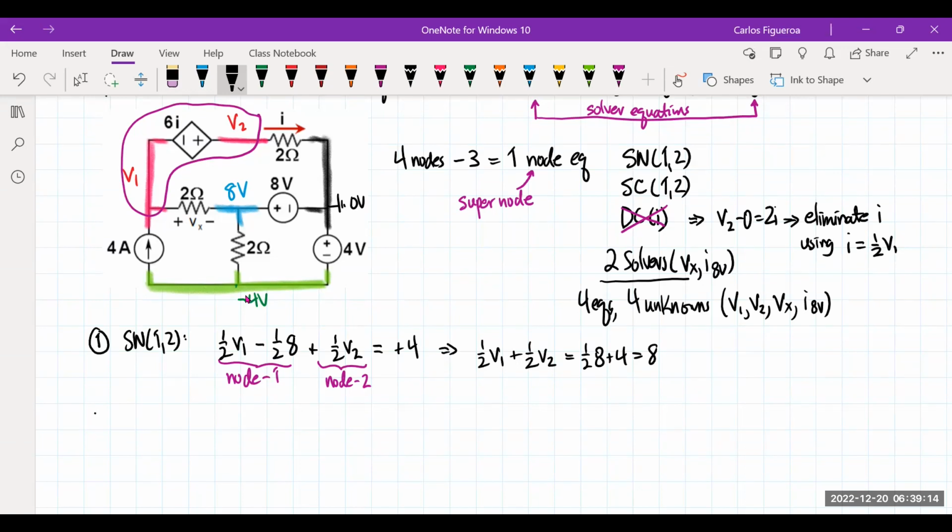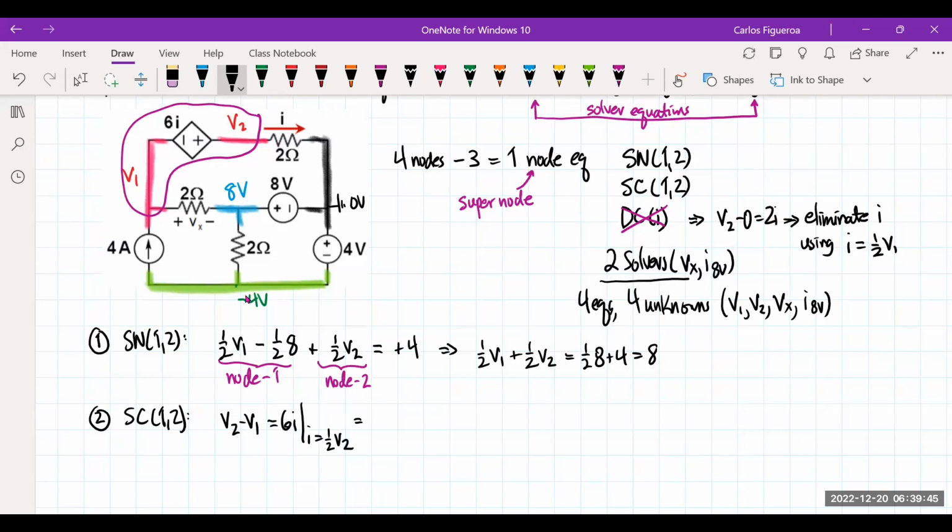Then if I go to the supercondition, I'm going to find that the high side, which is V2, minus V1, is a source here. So this has to be equal to 6I. But we said that wherever I see I, I'm going to replace it with 1/2 V2.